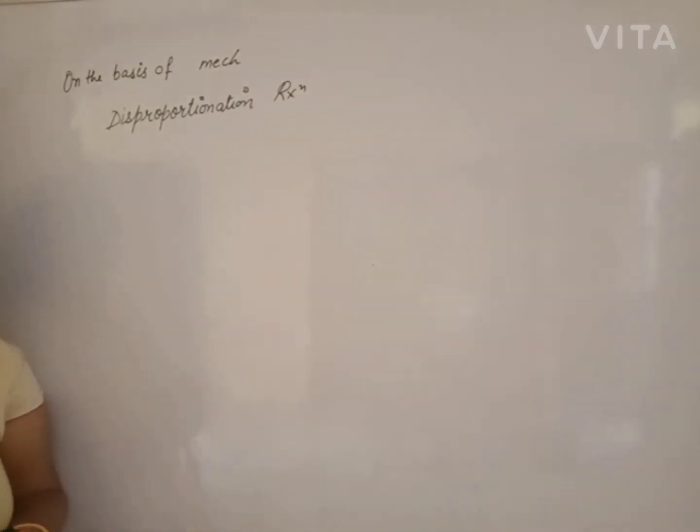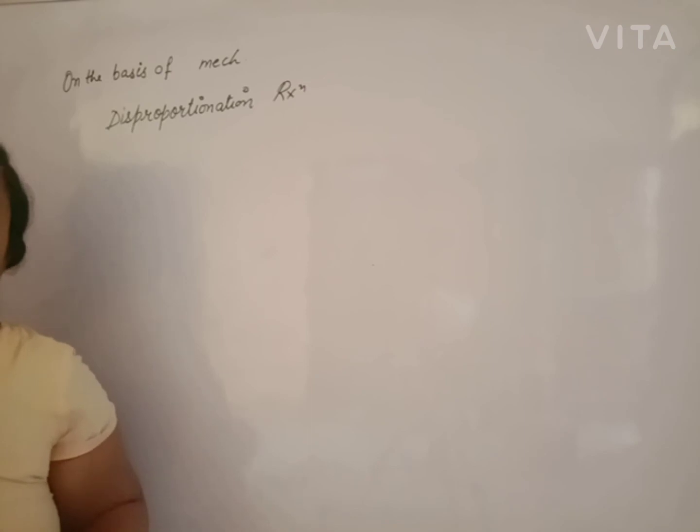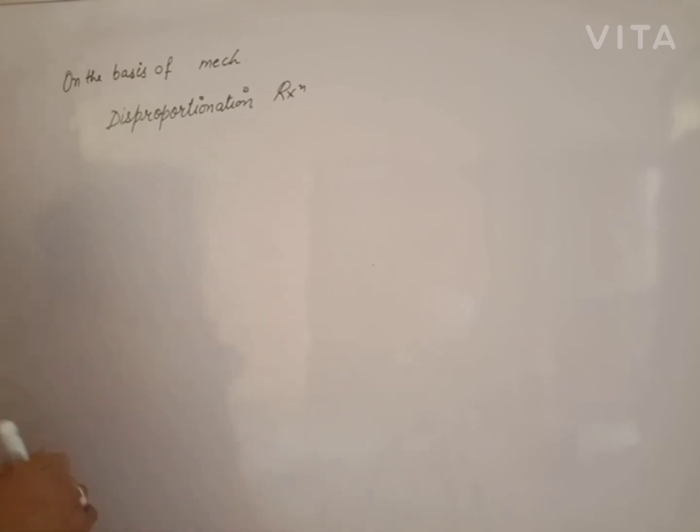Beta, these are those reactions in which only one element, one species, is oxidized as well as reduced, or you can say one element in the given reaction has more than two oxidation states.